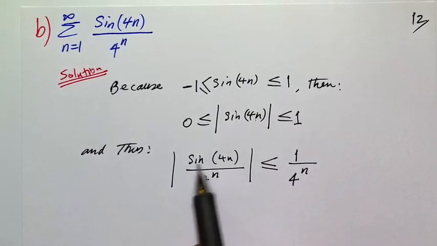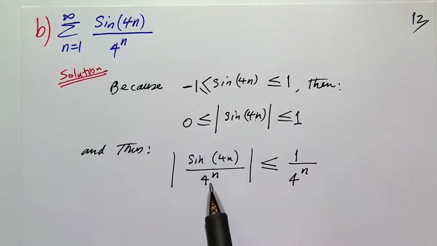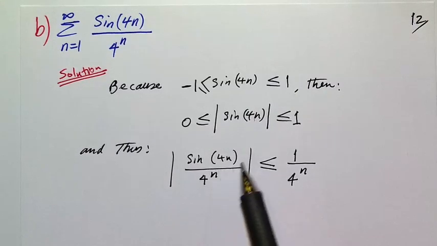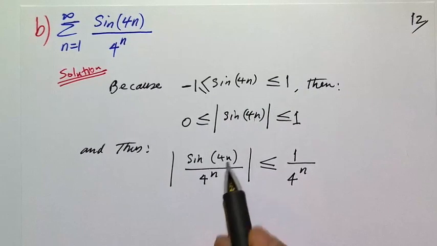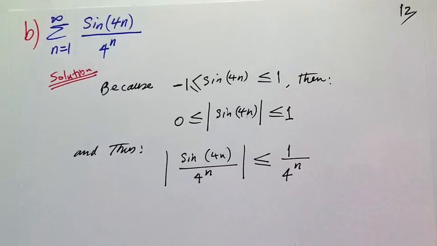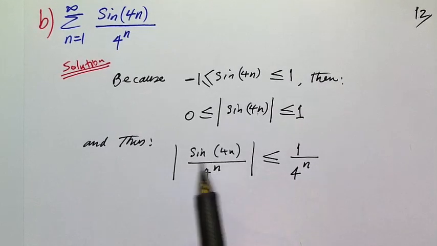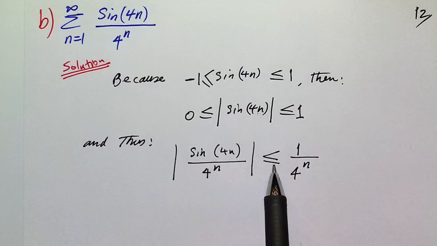We know this quantity varies between 0 and 1, the absolute value of it. If it's just 1, then it's going to be equal to what we have on the right. But if it's anything between 0 and less than 1, then this is going to be smaller than that.